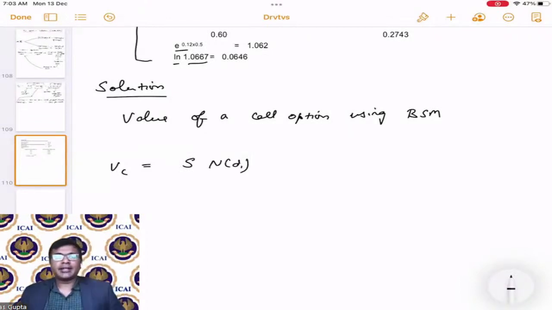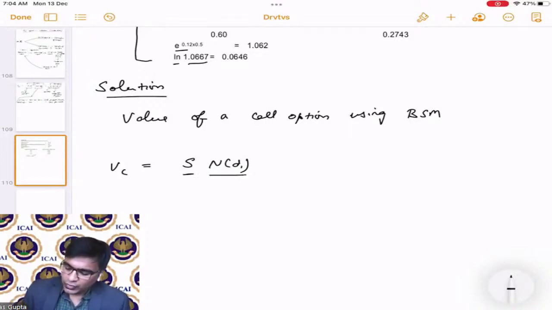We said that for writing a call option, we need to buy the shares today. That was one of the four cases that we have studied. So this is the purchase of the shares. How many shares have to be purchased is given by N(D1), and the price at which those are purchased is the spot price. This is the cash outflow.